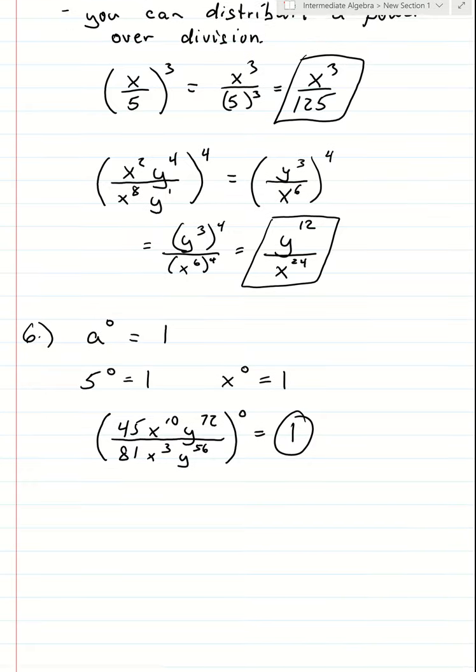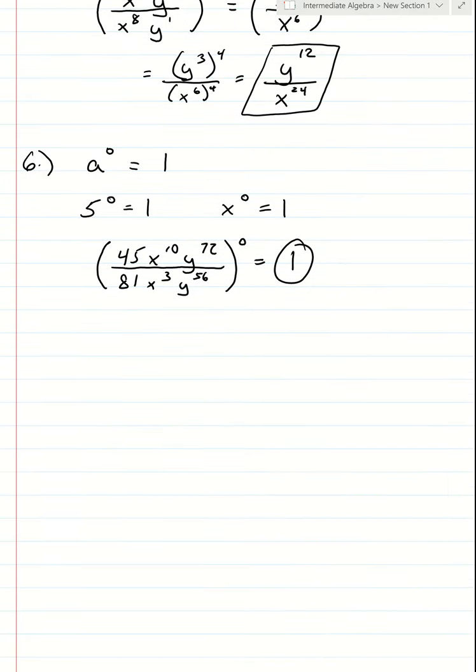Now, the 7th law, our last law for this particular lesson, okay, is actually a two-parter, okay? If you were to look back at all the problems that we did, you'll notice one thing is true about the exponents. And you'll notice that all of the exponents that we were working with were positive numbers, okay?